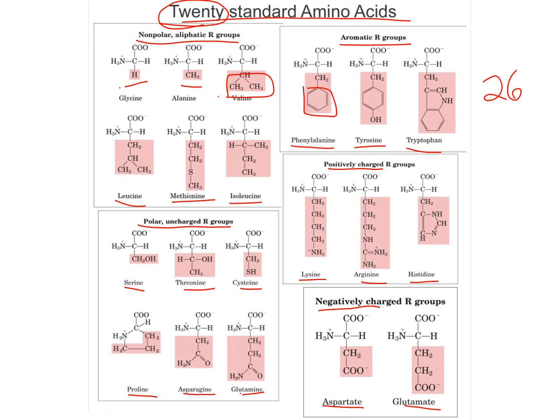And that's the same for the proteins. There are hundreds of thousands of different proteins that can be made by arranging these 20 different amino acids in different sequences. And again, having different sequences leads to different structure, which leads to different function.